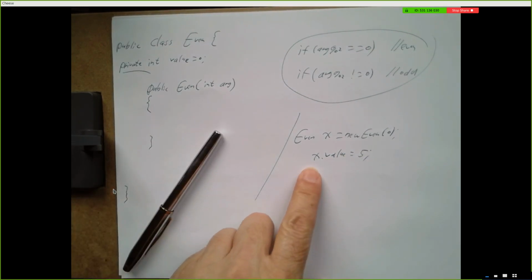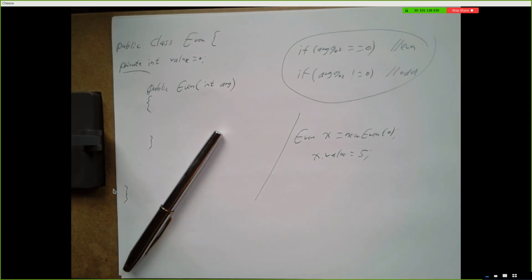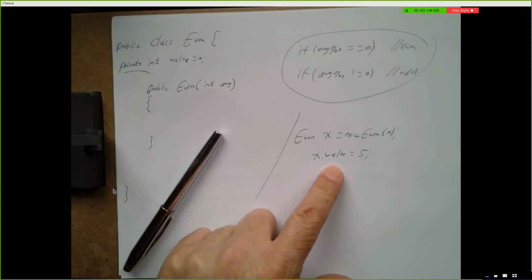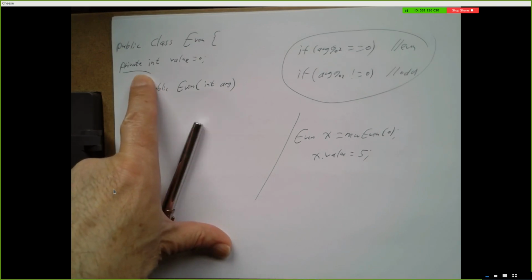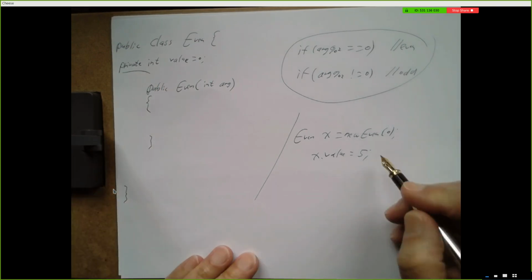And now x is supposed to be an even object, but its value is odd. And that could potentially damage our code. I mean, it could cause our code to do unexpected things if we're working under the assumption that the value of this even number is always even, right? Somebody has just circumvented that by setting the value explicitly. By making value a private element of this class, this will give me a compile error.